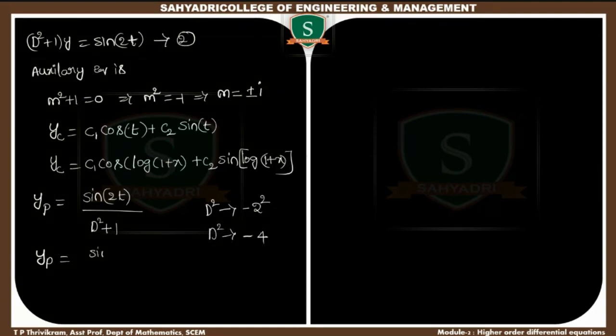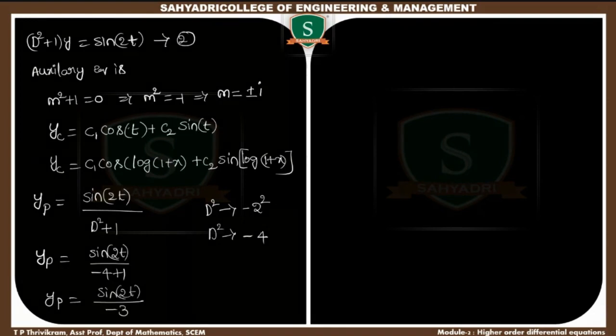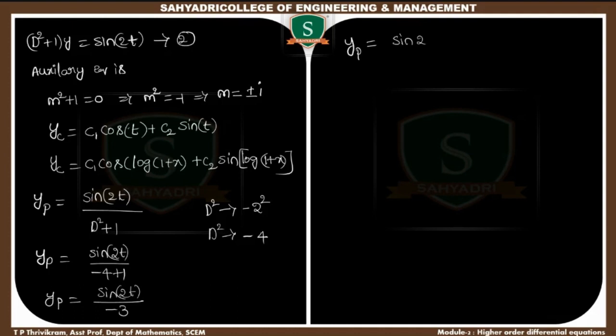So sine 2t divided by minus 4 plus 1. So yp is equal to sine 2t divided by minus 3. Finally, the particular solution yp is equal to sine 2 into log of 1 plus x divided by minus 3.